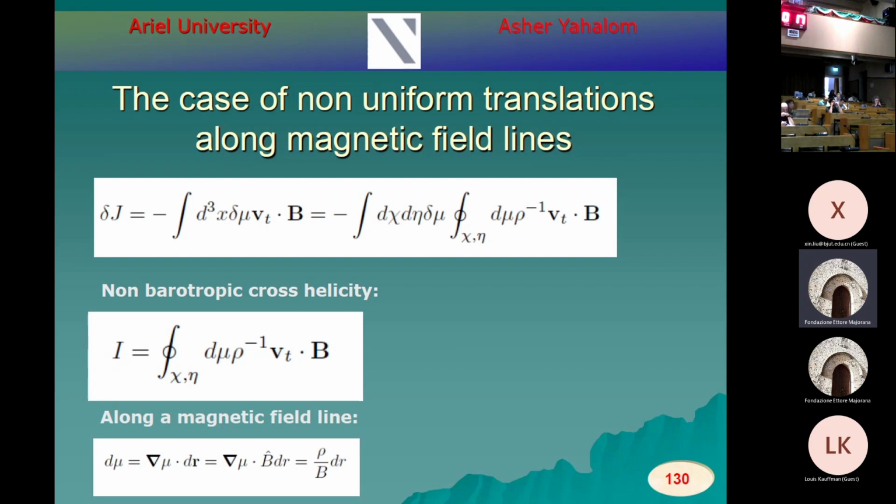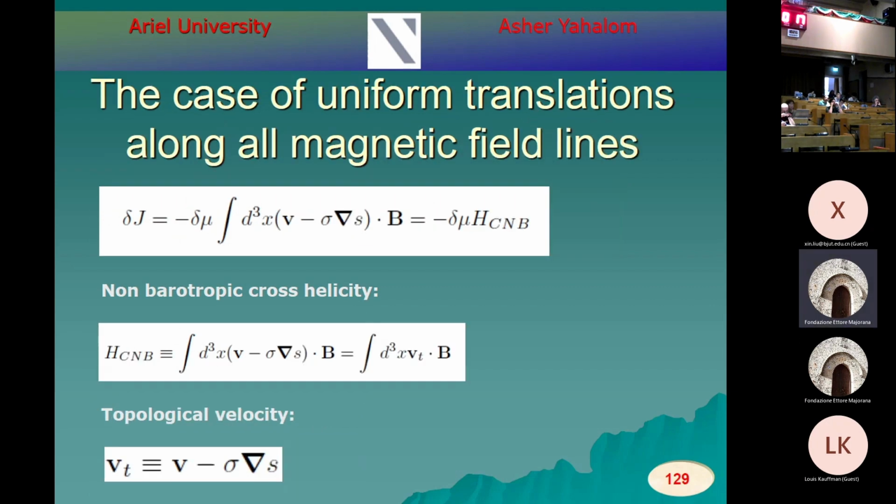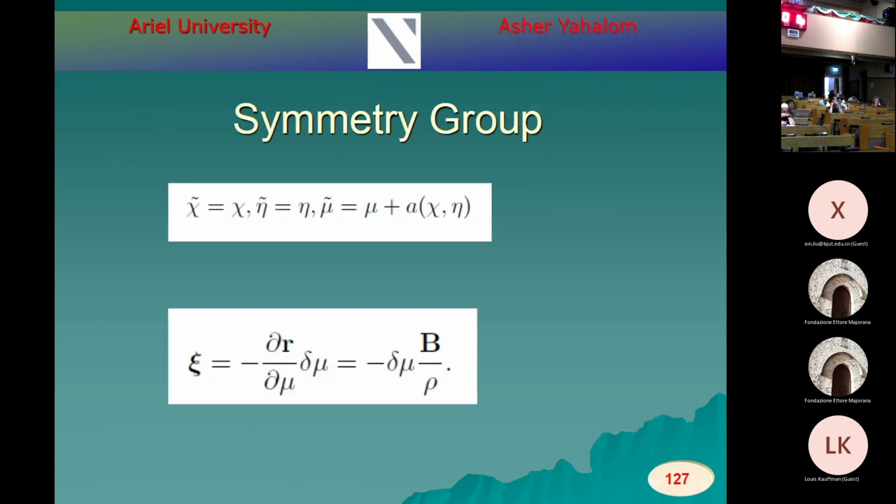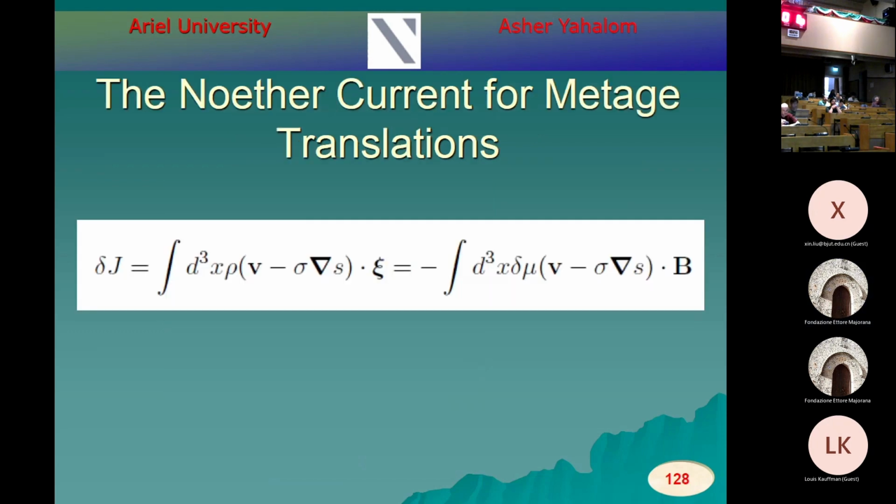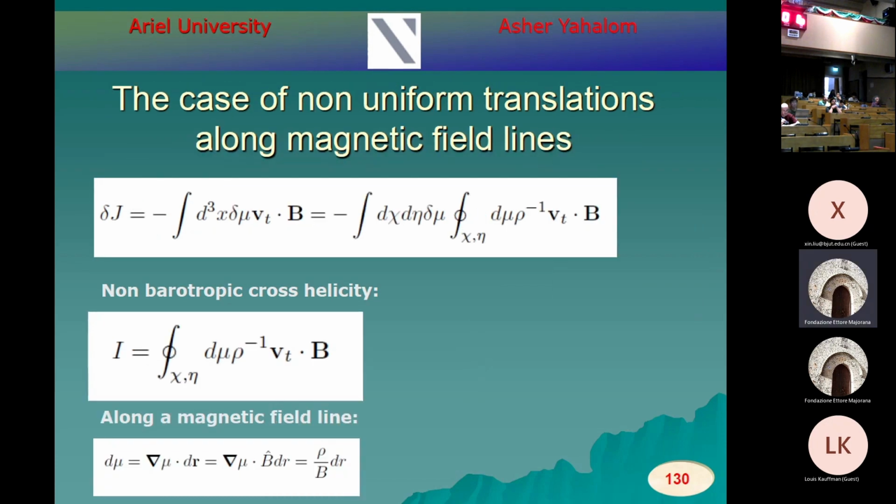Now, what happens if the displacement is not just a uniform translation, the same on every magnetic field line, but different? In each different magnetic field line, we have something different. What will happen then? And here is the answer.